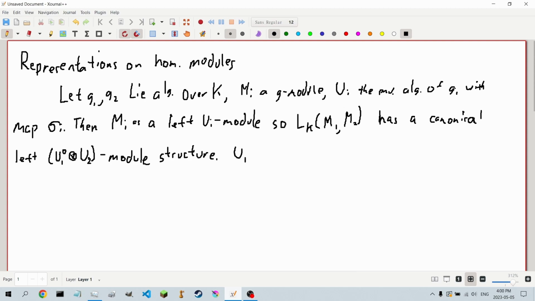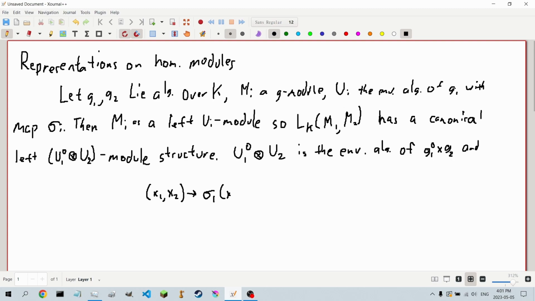So now this U1 opposite tensor U2 is the enveloping algebra of our G1 opposite times G2, and the mapping sending each x1 comma x2 into sigma 1 x1 tensor 1 plus 1 tensor sigma 2 x2.